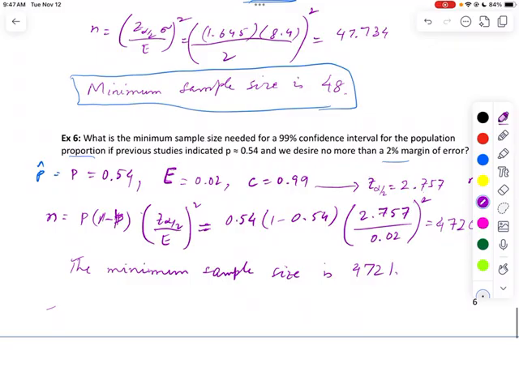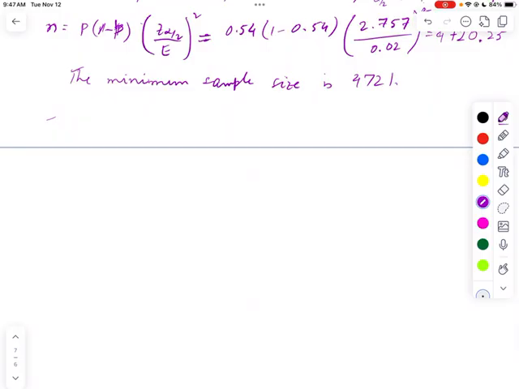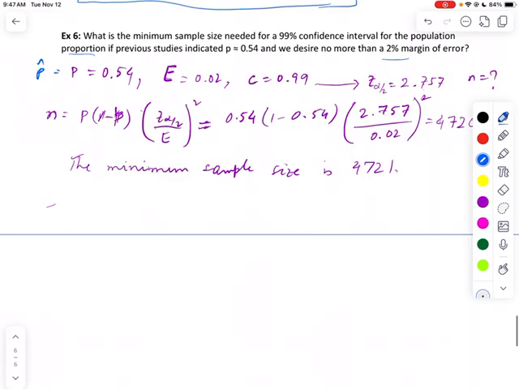We get 4720.25, but remember that is not the sample size; it must be a whole number and it must be obtained by rounding up the actual answer. So that was 4720.25, so the minimum size is 4721.